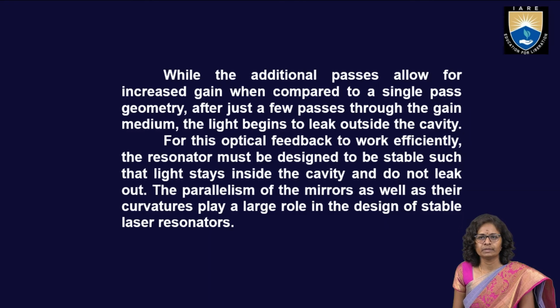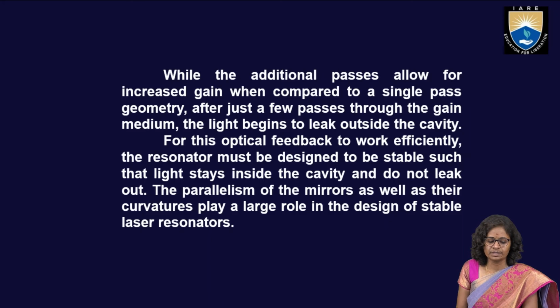For this optical feedback to work efficiently, the resonator must be designed to be stable, such that light stays inside the cavity and does not leak out. The parallelism of the mirrors as well as their curvatures play a large role in the design of stable laser resonators.